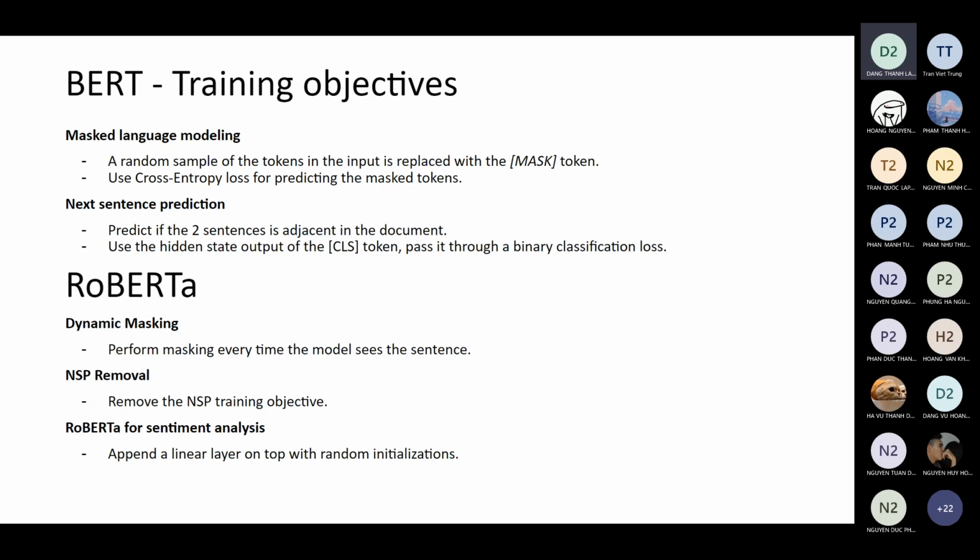Secondly, RoBERTa removed the NSP objective, so the CLS token is not used for anything. And because we cannot use the CLS token for classification, to use this model for sentiment analysis, we have to append a linear layer on top with random initialization.